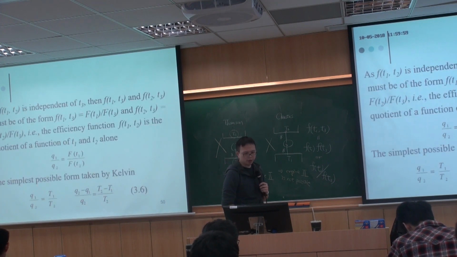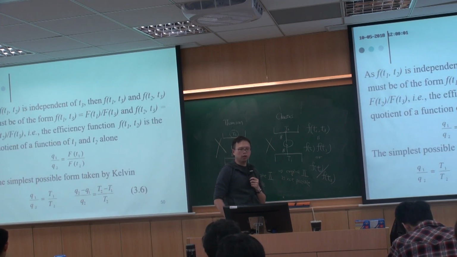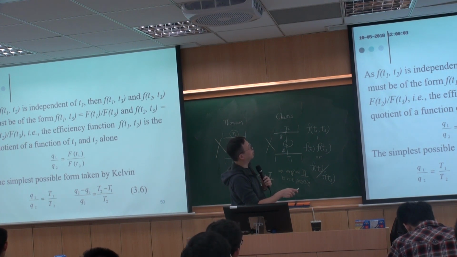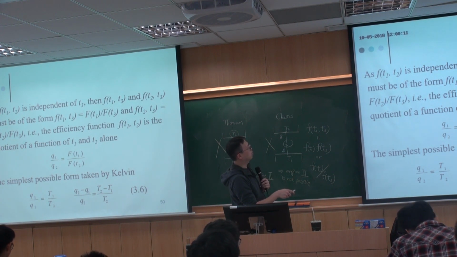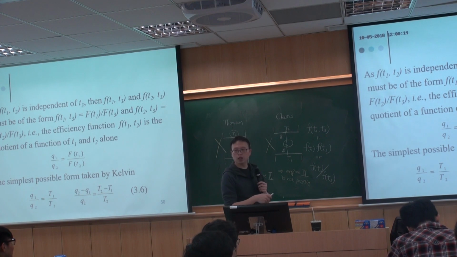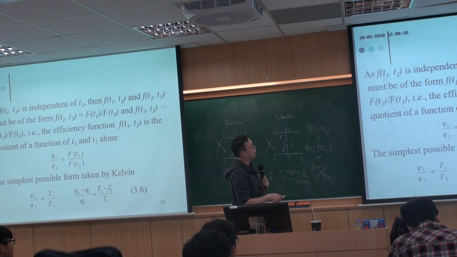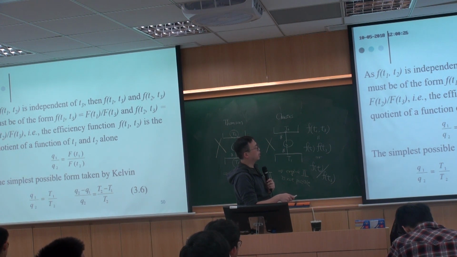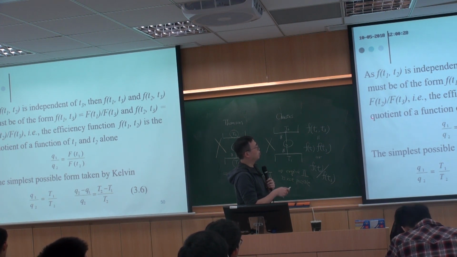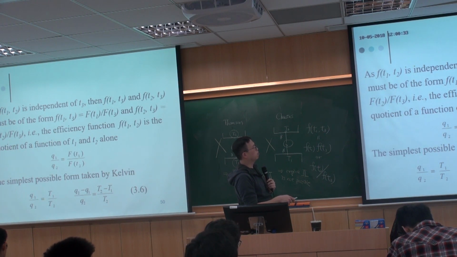So the argument here is very straightforward: since what I just mentioned, the function can be decomposed into the function of T1 and T3 separately, and that will be the same for T2, T3. Therefore, the efficiency function, which is related to T1 and T2, should be the ratio of a function of T1 and a function of T2 alone.